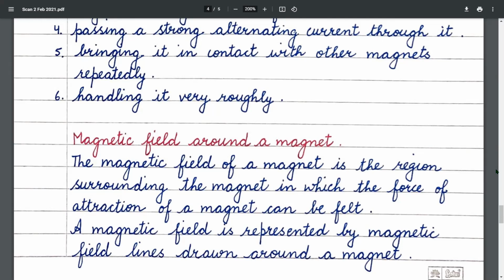The magnetic field is the region surrounding the magnet in which the force of attraction of a magnet can be felt. A magnetic field is represented by magnetic field lines drawn around a magnet.